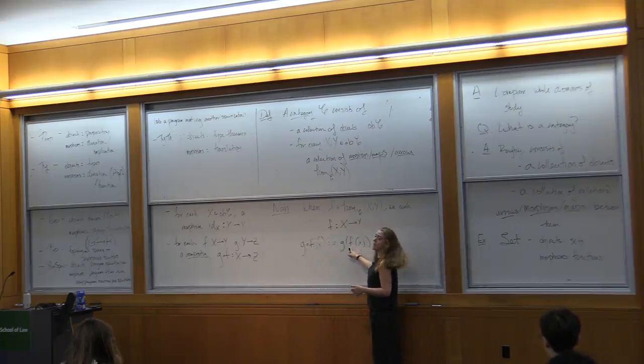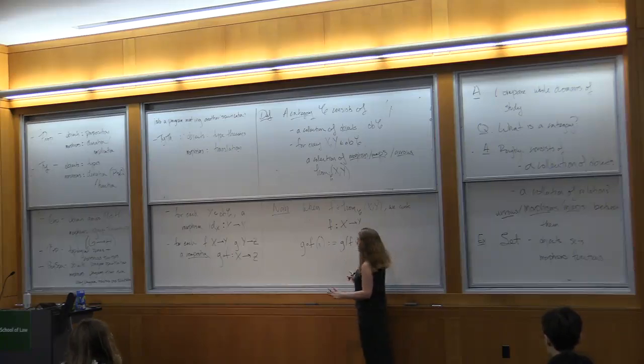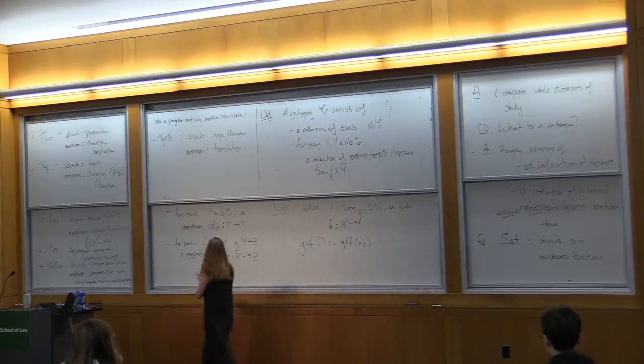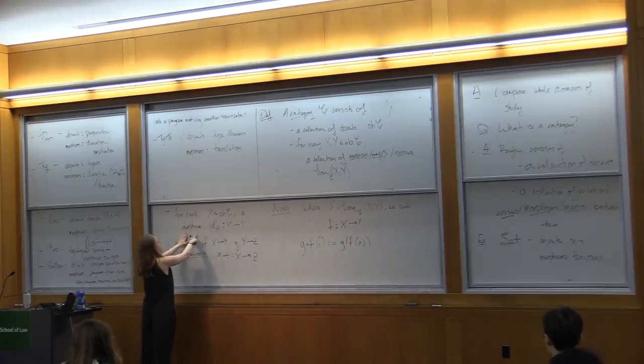So if you want to first do f and then do g, and you're talking about functions, you usually write it in this order, backwards. So the first one is on the right and the second one on the left. Okay, so this is the composition.